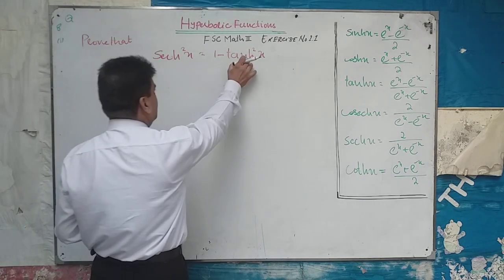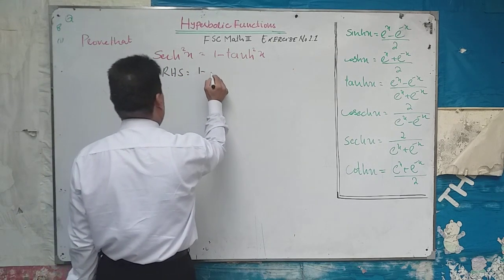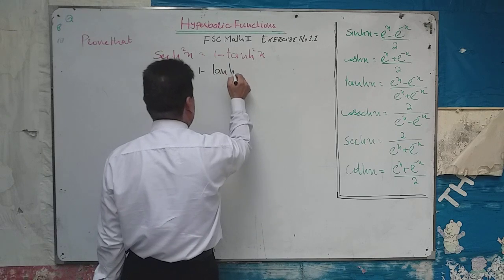We write the right hand side: 1 minus tan hyperbolic square x.